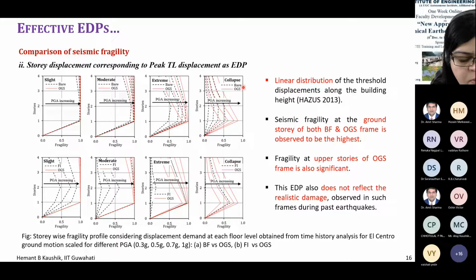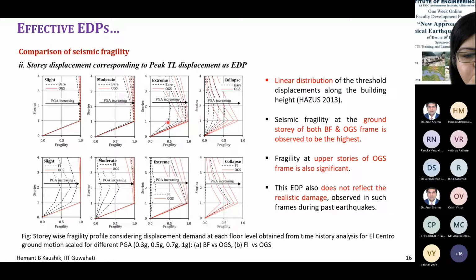So for the collapse condition, you can see that open ground story buildings have higher fragility, right? But for the moderate earthquake or even the extreme level, you have more or less similar fragility as far as the higher PGAs are concerned.